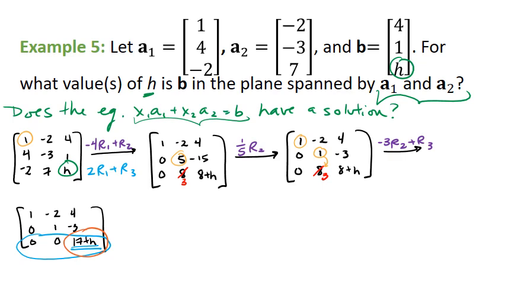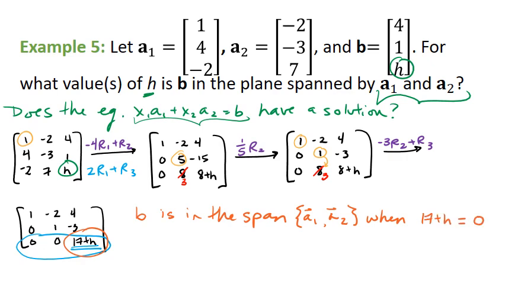So we can say that B is in the span of A1, A2 when 17 plus h equals 0.